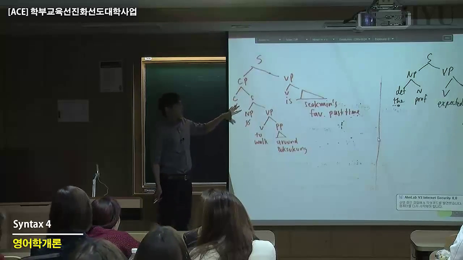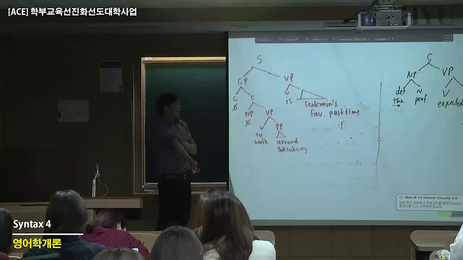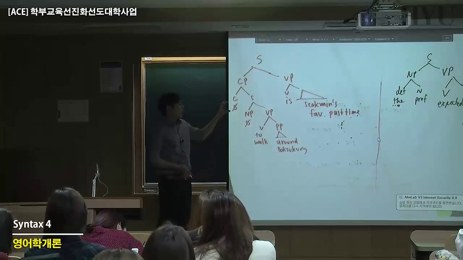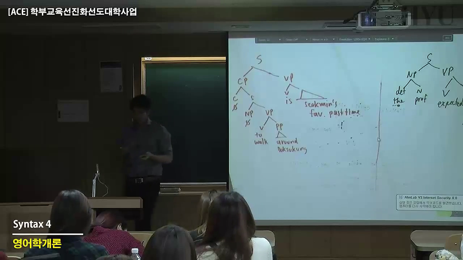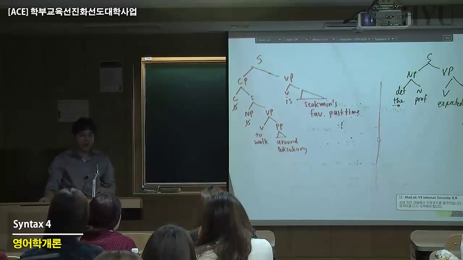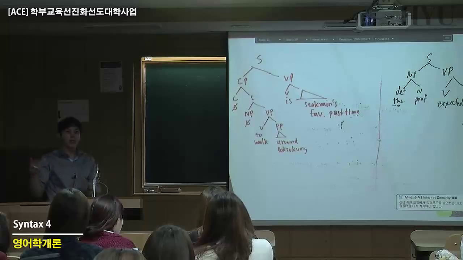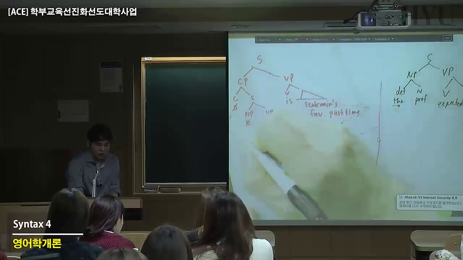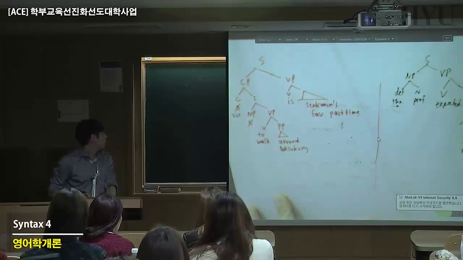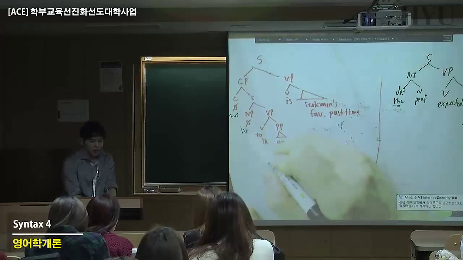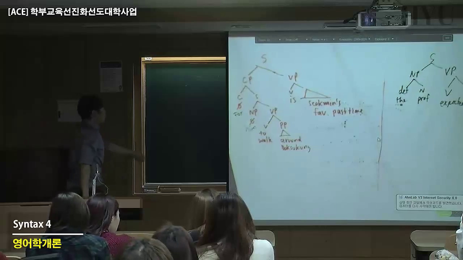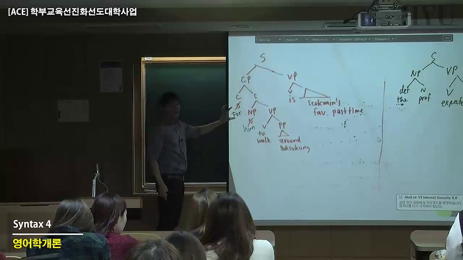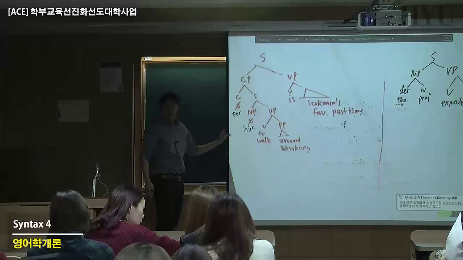Now, you might ask me, so are there any cases where we have the C and the NP filled? There are. For example, you can have something like for him to walk around Toksugung. So for, it can be here, and then for him, right? Because it's he that walks around, right? So you can have cases where you have the C filled and the NP filled.